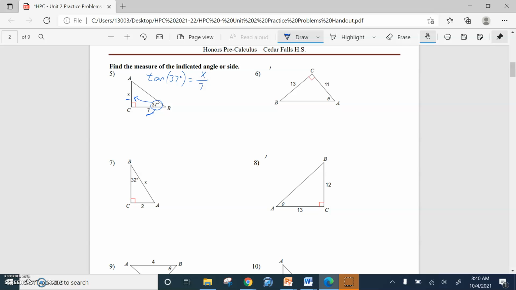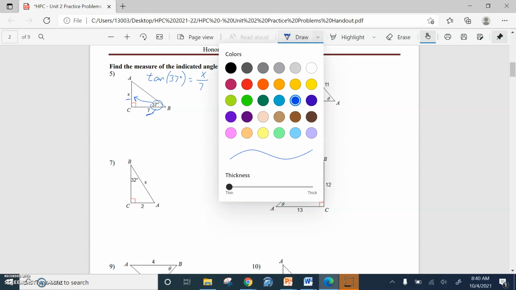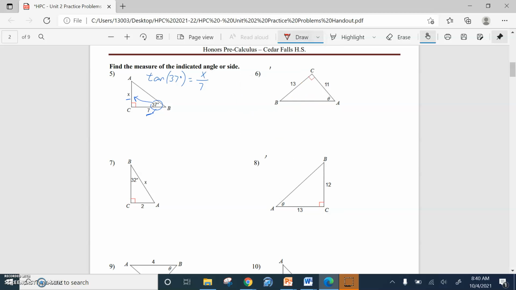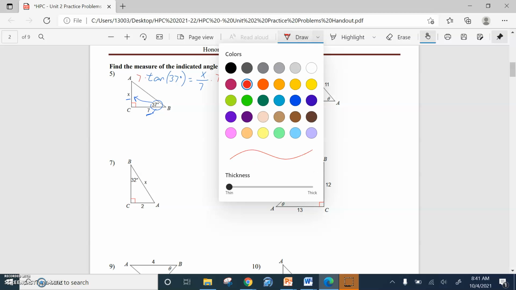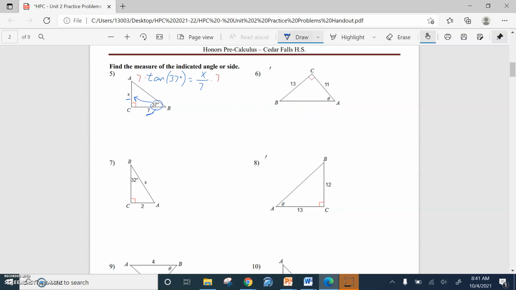Now, to solve this, we need to get x by itself, so we simply multiply by 7, and we get 7 times tangent 37 equals x, because 7 times something over 7 cancels it out or reduces it to 1, and we get x by itself.